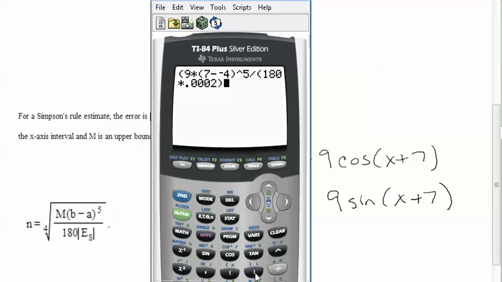You have to close that parenthesis in the denominator because you have multiplication there. Then close the parenthesis on the outside and raise that to the 1/4 power, which is also going to have to be in parentheses. Enter. And then this rounds up to 80. But if it had rounded up to 81, you'd actually have to pick 82 because you have to choose the nearest even whole number, since Simpson's rule requires that you have even numbers. Hope that helps.